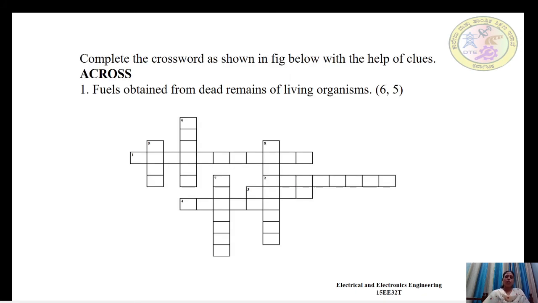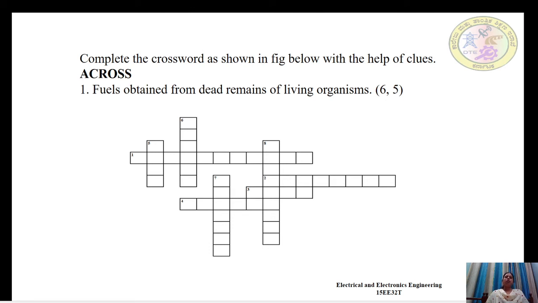This is the first question, that is across. To complete the crossword as shown in the figure below with the help of clues, I'll give the clues with a simple explanation, and you can guess what the word should be.